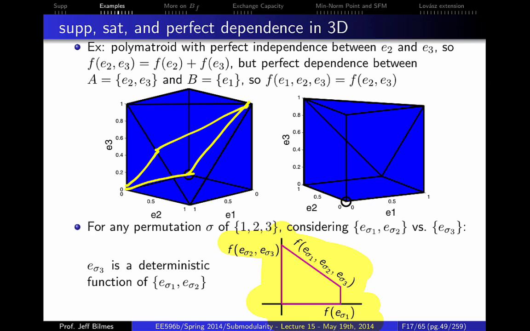But in this particular case, this is true for any permutation. So the way that we've notated it here is, let's say that sigma is any permutation. And then we group them according to the first two items of the permutation and then the last item of the permutation. If we take any grouping, the corresponding slice of this polytope is going to look like this.